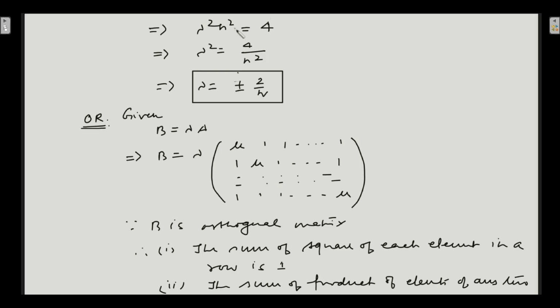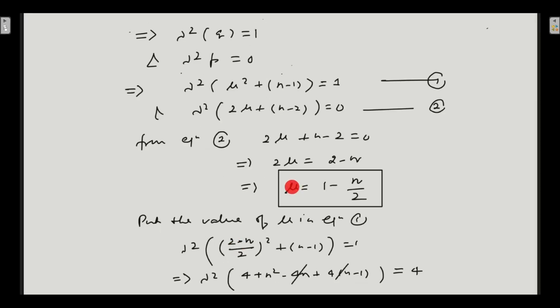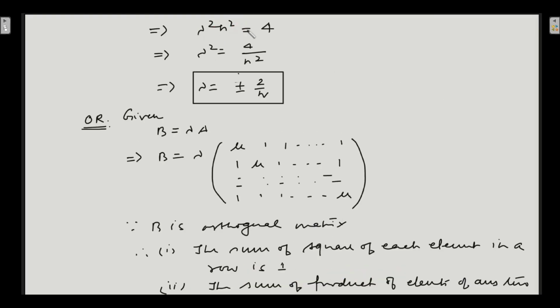After substituting this value of mu obtained from equation 2 in equation 1, you get something like this, and the final expression is lambda square n square is equal to 4. Lambda square is equal to 4 by n square. So lambda comes out to be equal to plus minus 2 by n.